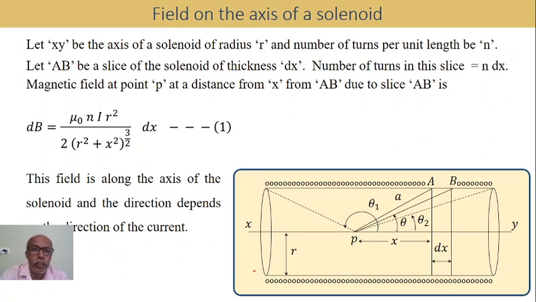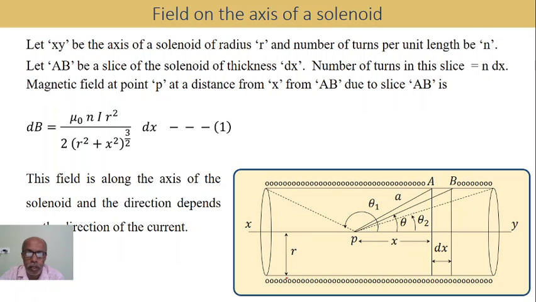So coming to the field on the axis of a solenoid, let us consider a solenoid of length L. This is the solenoid. Let xy be the axis of the solenoid, and R represents the radius of the solenoid.